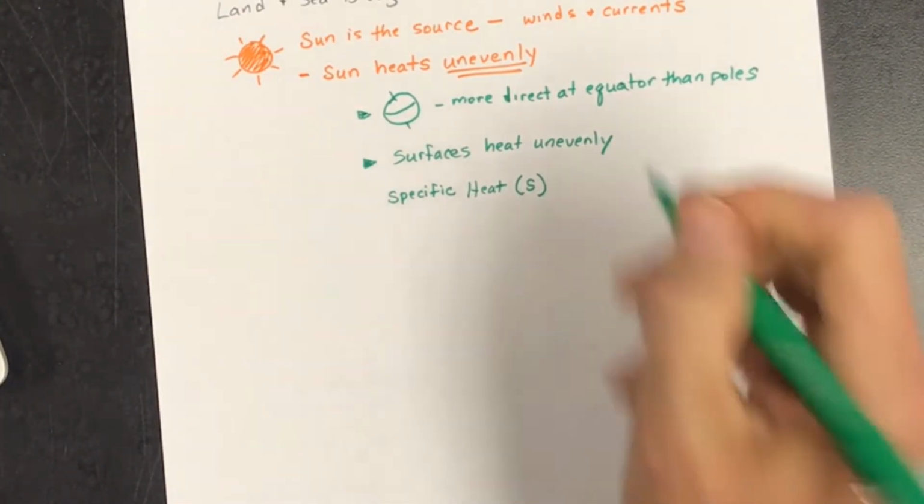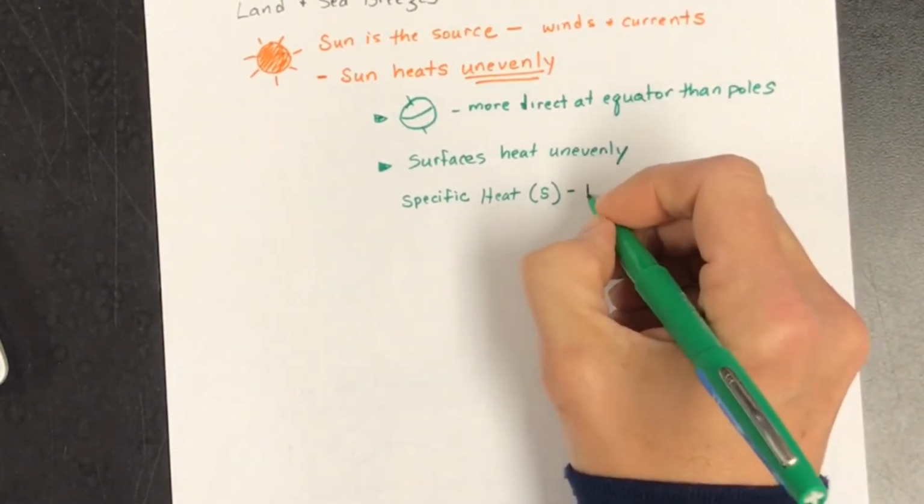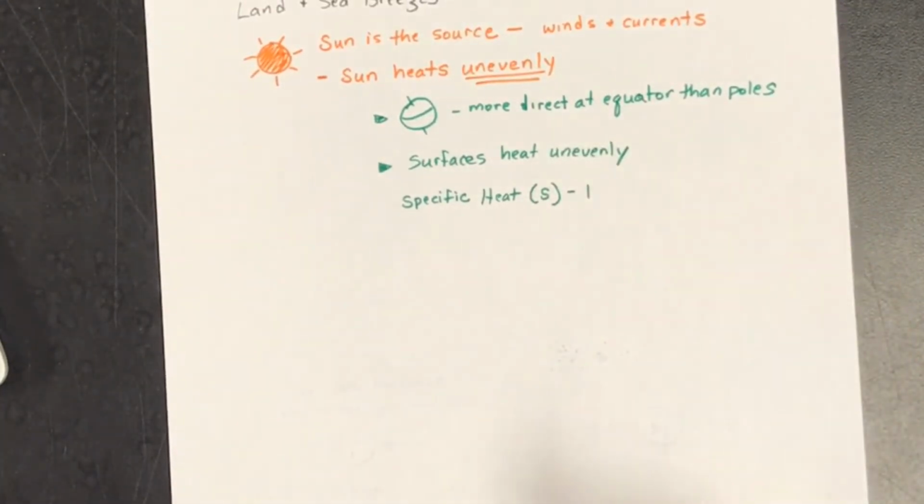The specific heat is basically the measure of how much energy or heat it takes to raise the temperature of a substance 1 degree.